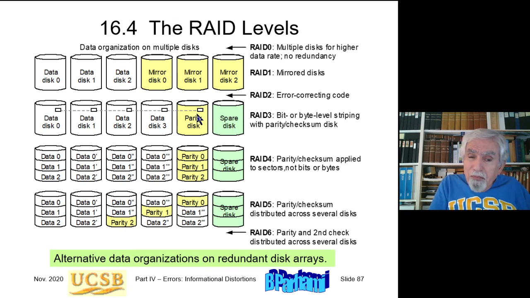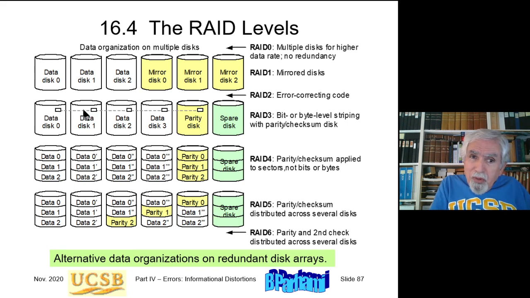One of the disadvantages of this RAID 3 is that this parity disk quickly becomes a bottleneck. As long as you are reading data, you're fine. You read this piece of data, or you read this piece of data, no problem. But if you want to write something onto this disk, you want to write into this byte or this block, writing to that block also modifies the parity.